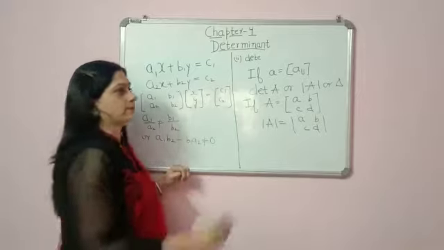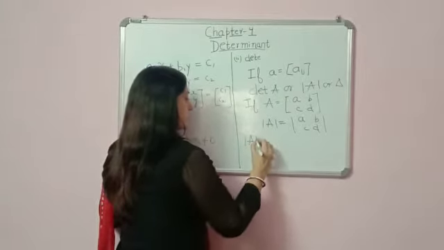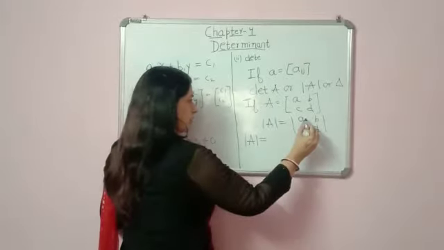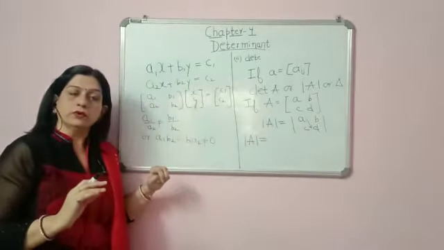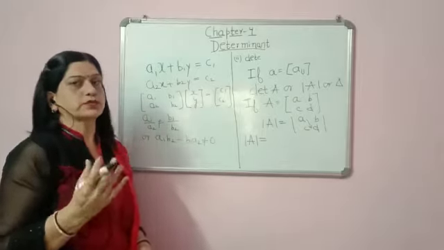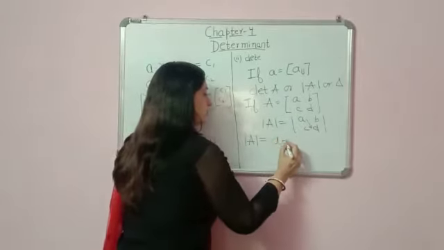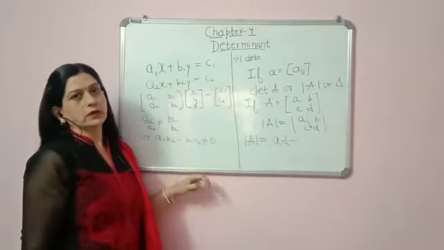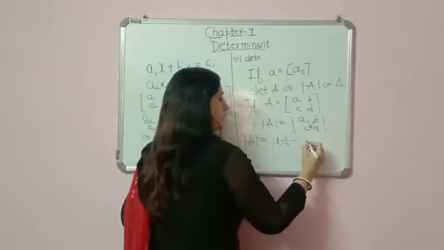The value of this determinant is given by first multiplying the diagonal elements, that is, those in which i is equal to j, and then subtracting from this value the product of the other diagonal elements, which is c and b.